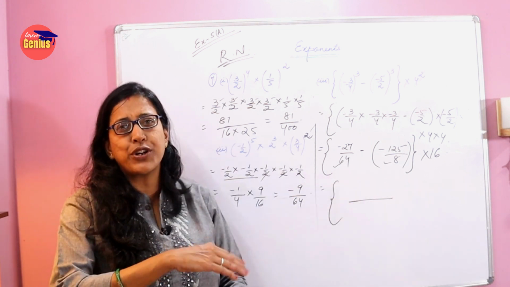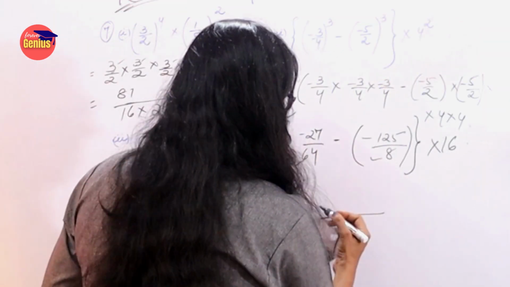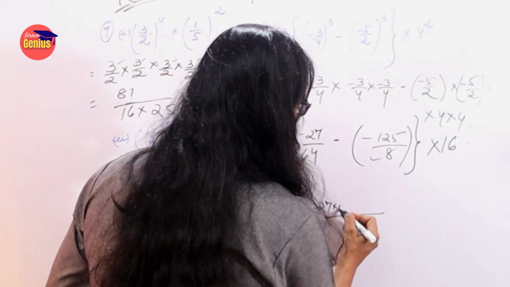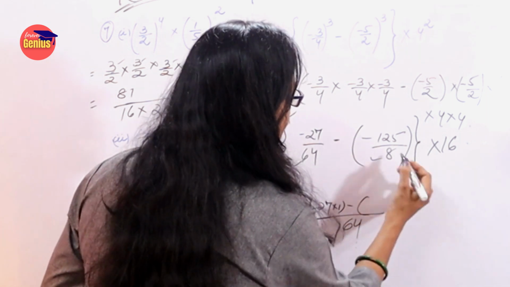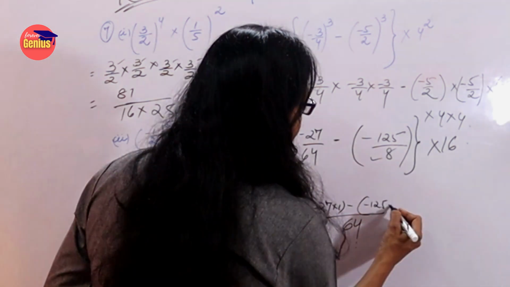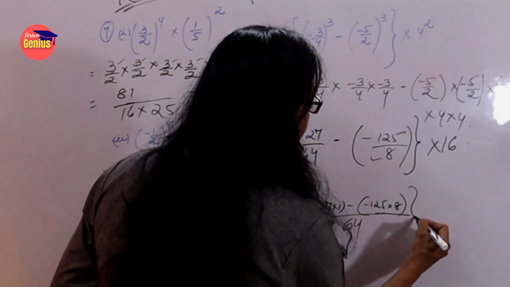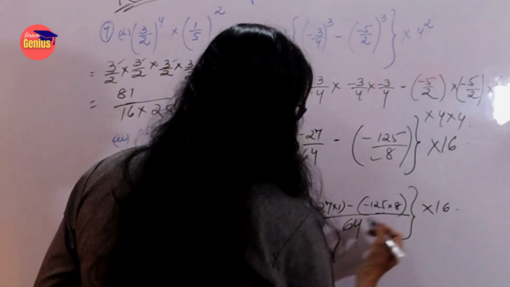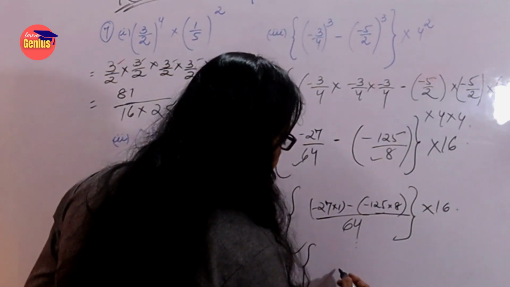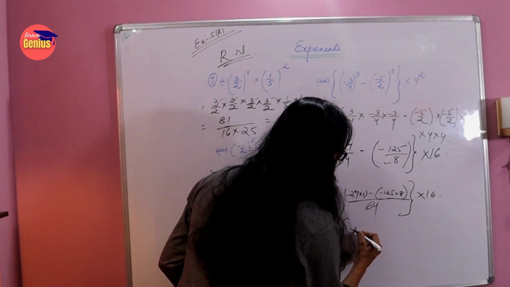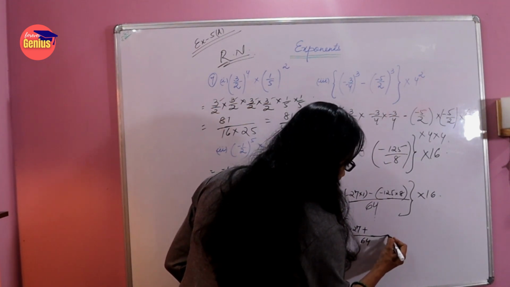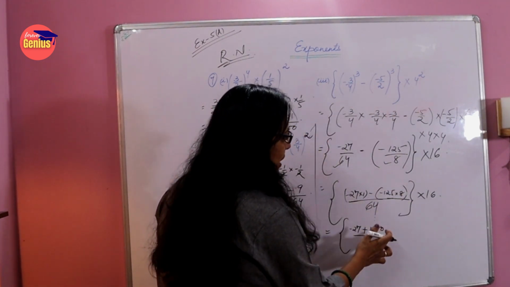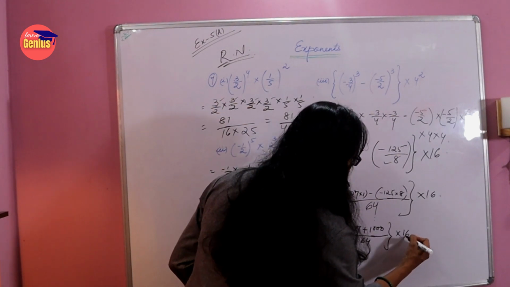We don't need to go into an elaborate process for that. So now -27 times 1, again equals -125 times 8, bracket closed, times 16. This equals 64 minus 27 plus 125 eight times, that is 1000, times 16.